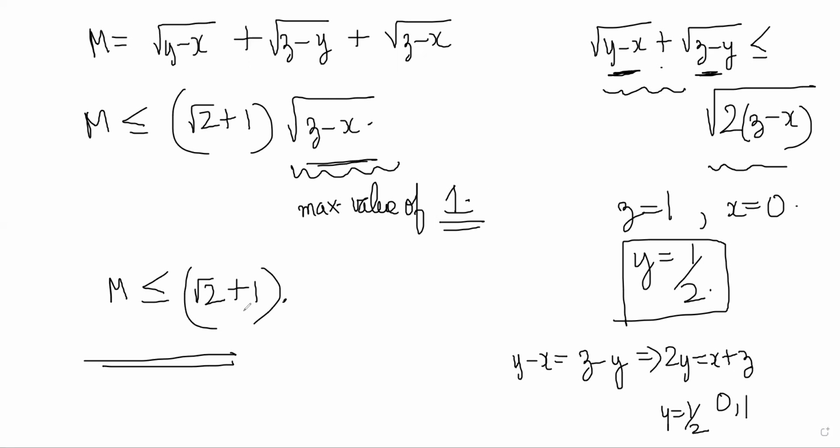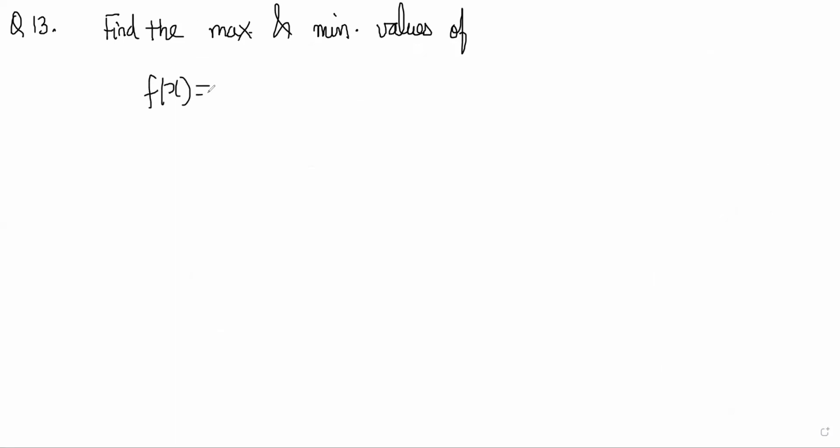Let's look at another one. Find the maximum and minimum values of f of x is equal to root over 8x minus x squared minus root over 14x minus x squared minus 48, right?